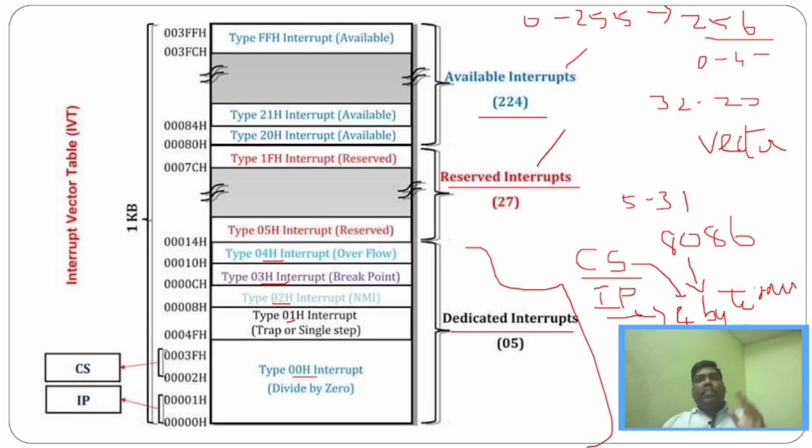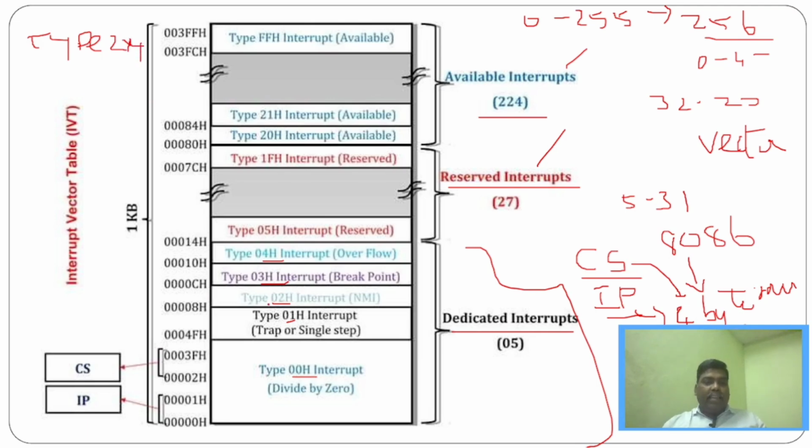One important thing is that since each interrupt has a 4-byte address, you can calculate the address of any interrupt type by yourself. For example, for type 2, 2 into 4, the address location will be 8.